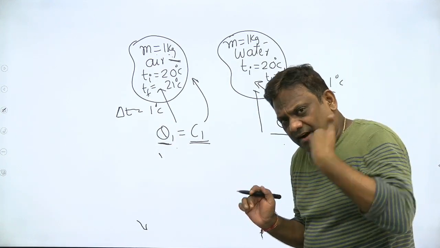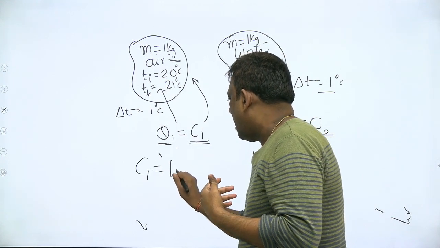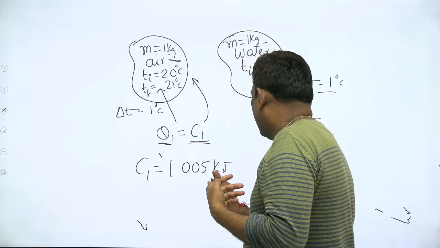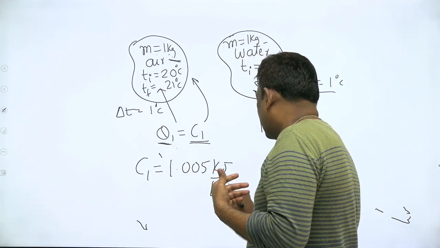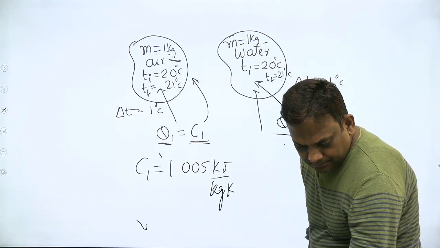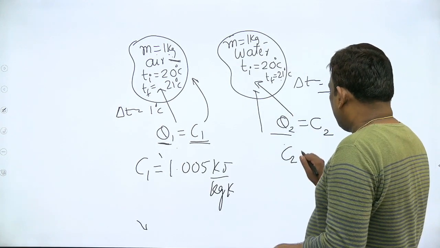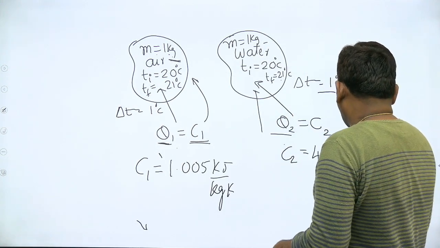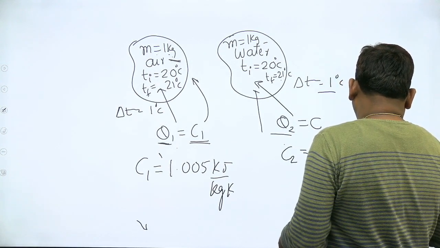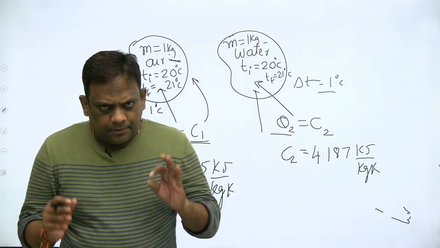It is observed that for air, C1 is around 1.005 kilojoule per kg Kelvin, when the process is carried out at constant pressure, let us say. In this case, it is observed that it is 4.187. Just now you saw the unit kilojoule per kg Kelvin. What is your observation?